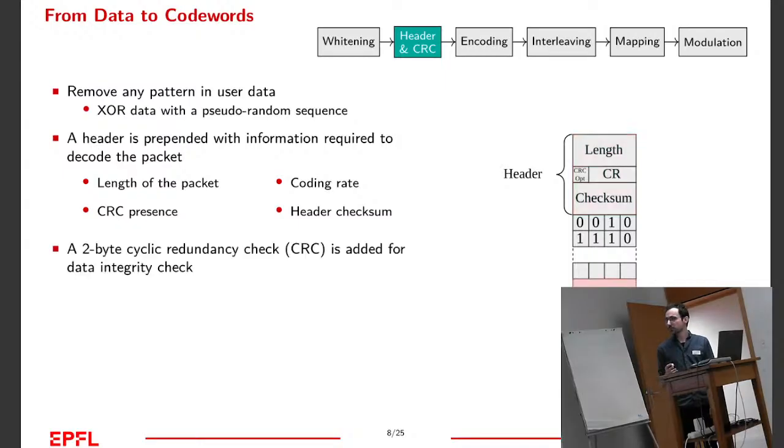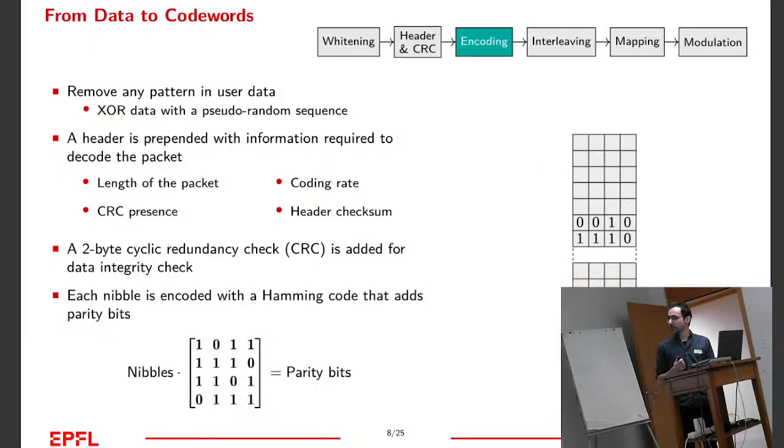You can't correct based on it, but you can know if you need a retransmission, if your packet is valid or not. So from there we have the bits that contain information, the information bits, but we want to add some form of redundancy. Every time you have a transmission over the air, there is a chance that some of the bits you receive will be wrong, so you have some bits that are 0 instead of 1.